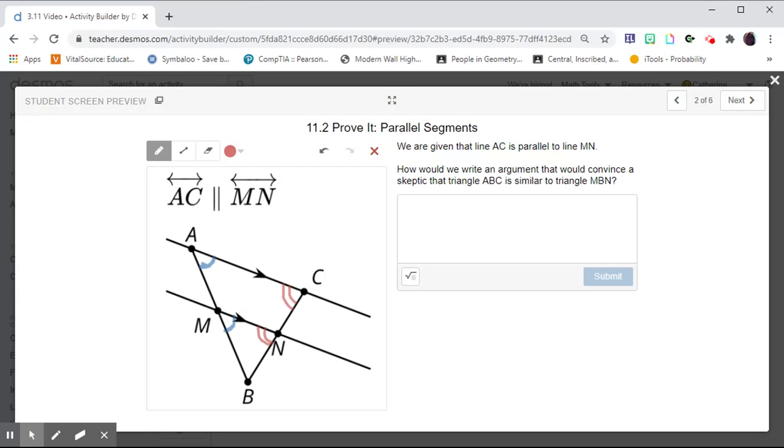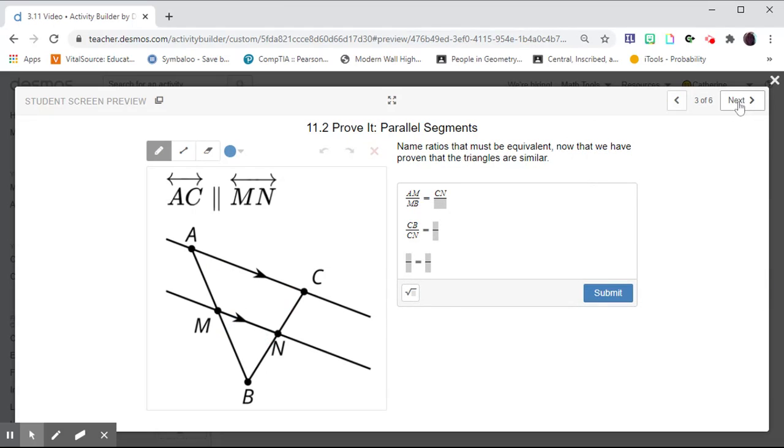We just learned the last time we were together that all we need is two angles in one triangle that are congruent to two angles in another triangle, and voila, we have similar triangles. So that should be enough for that skeptic.